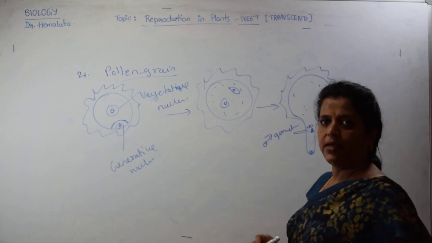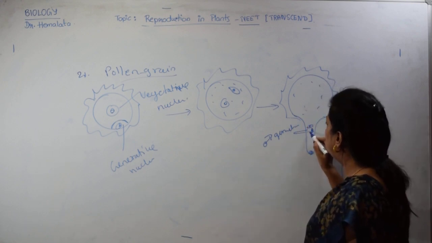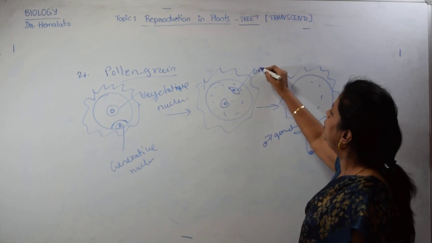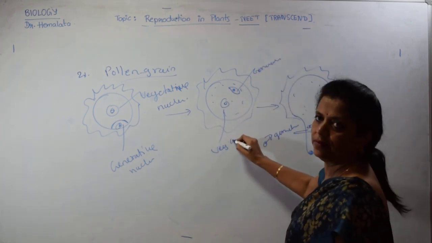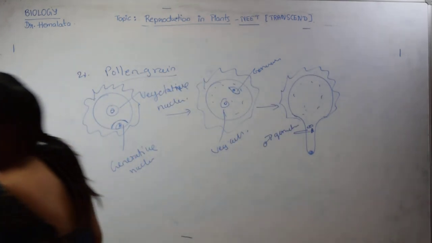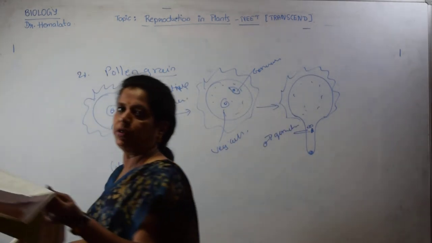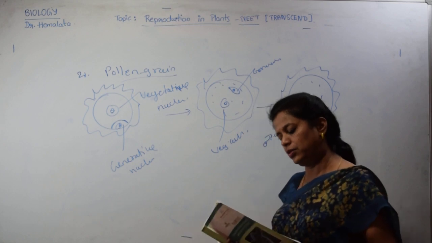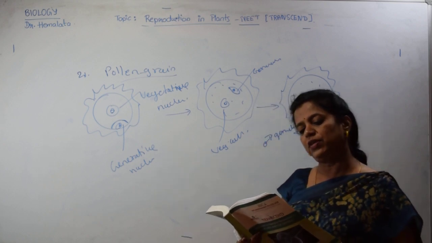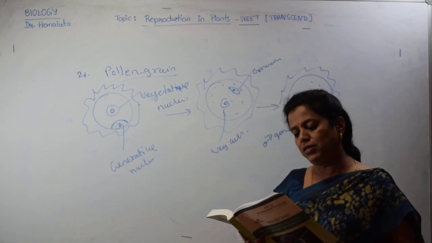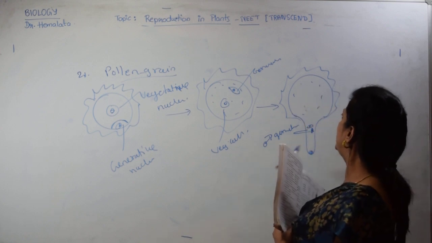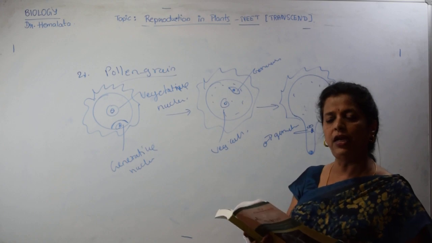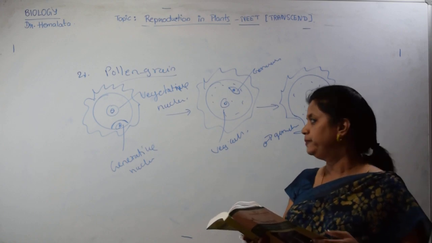So now you have an idea: the one which forms male gametes is the generative cell, not the vegetative cell. Keep these details of the subject in your mind, then we can answer this question. So the 21st question answer is generative cell, because it forms two male gametes.